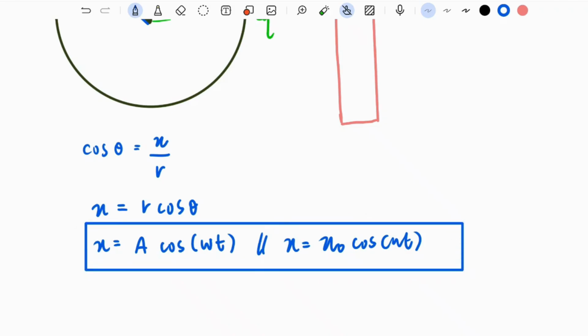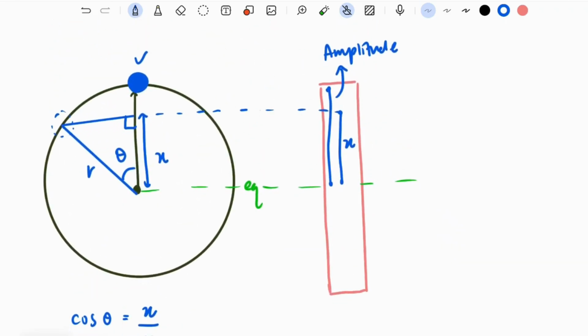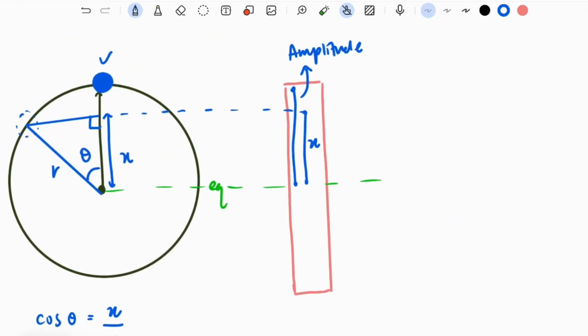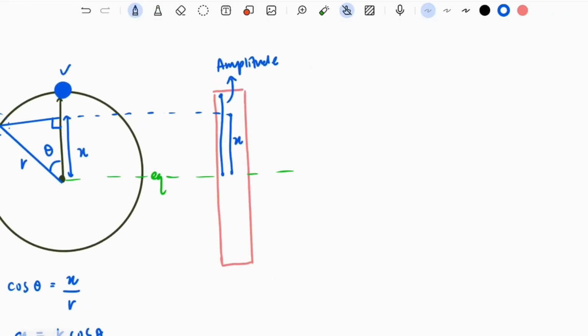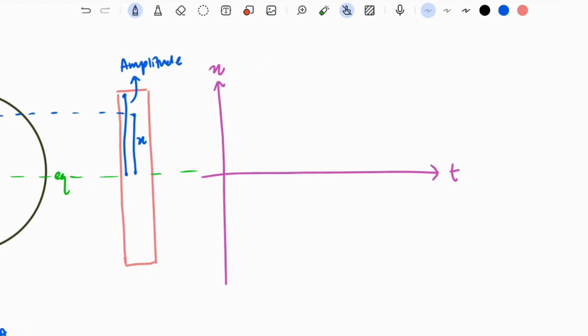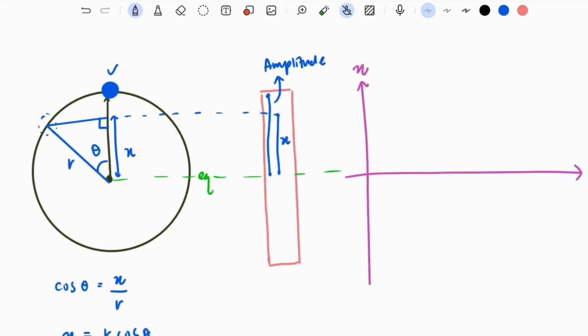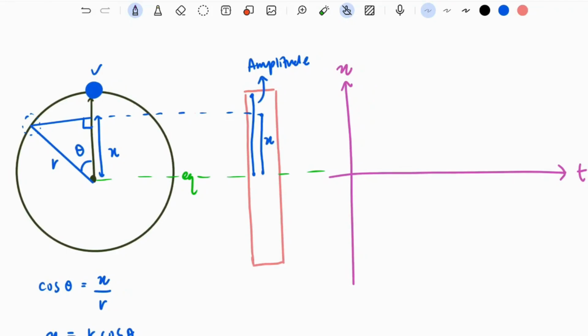Now, how will our graph look like? Okay, so I'm going to draw this. Initially it starts at this point, right?